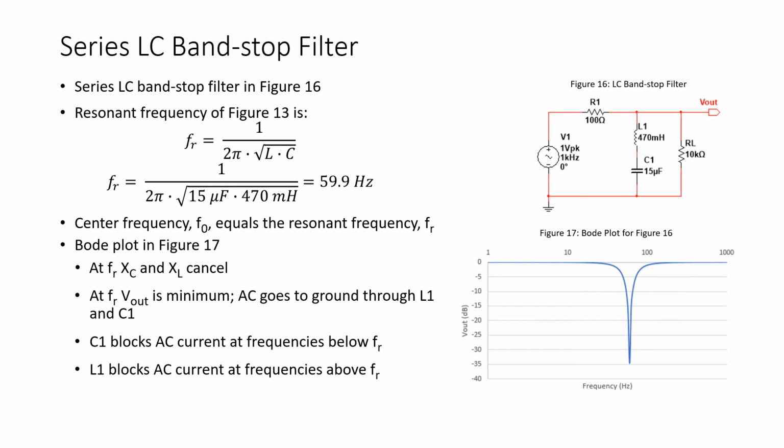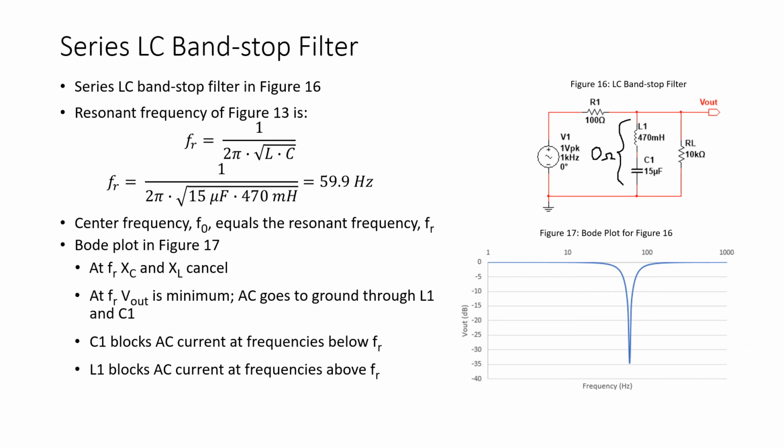So looking at the Bode plot provided in figure 17, we see that at the center frequency, at the resonant frequency, again, X sub C and X sub L cancel, which means that from here to here, we have effectively 0 ohms of impedance.